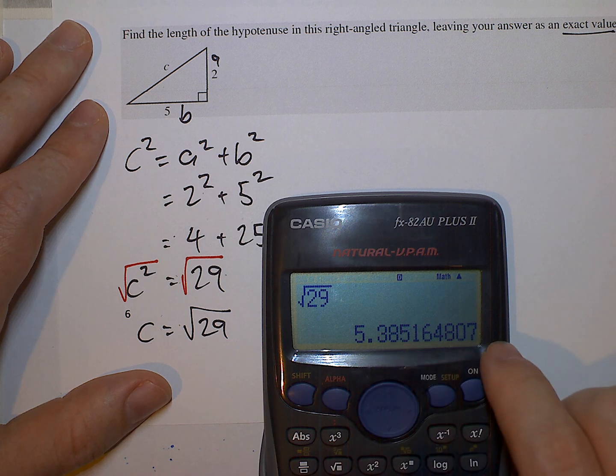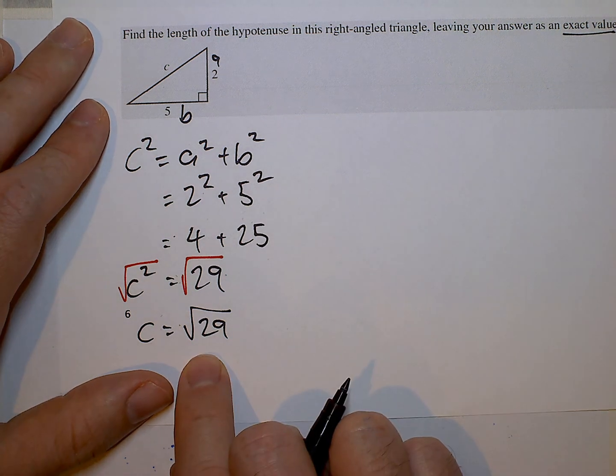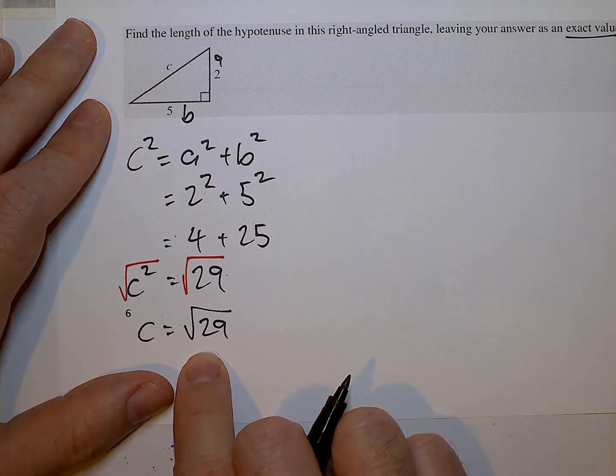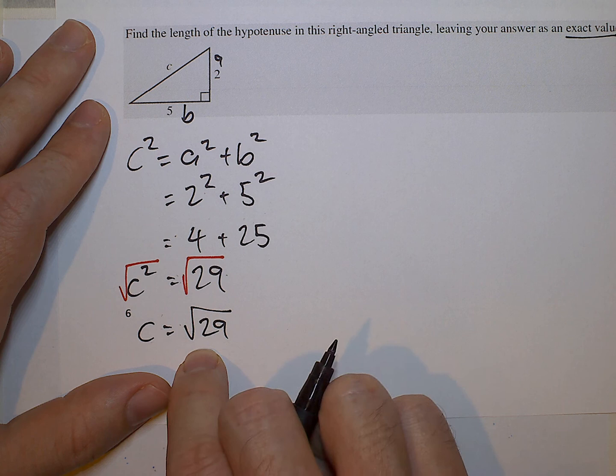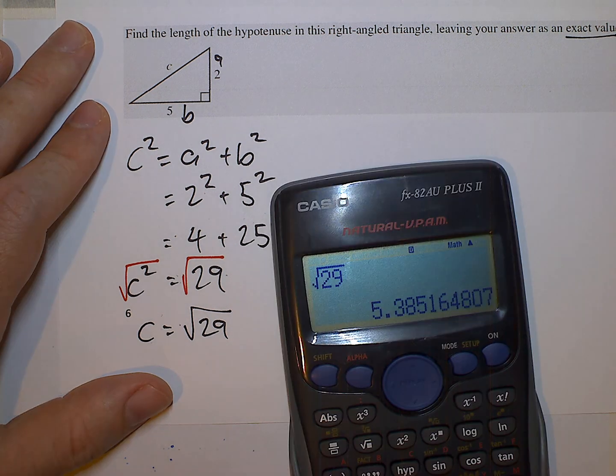Okay, we do not want to do that. We want to leave it like this. Okay, even though it's ugly and it feels like it should be operated on with the square root, we have to leave it because that is 100% accurate compared to this answer, which we would round.